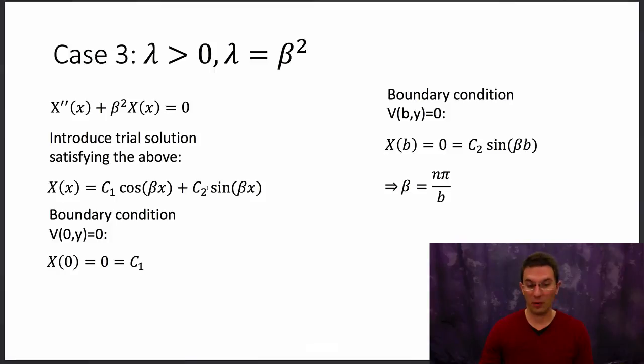X of x everywhere will just be equal to 0. That's of no interest. But what we can do is modify this beta such that this equation is always satisfied. If beta times b is equal to n times pi, where n is an integer, then this equation will always be satisfied. So beta times b must be equal to some integer multiple of pi, which means beta itself must be n pi over b.